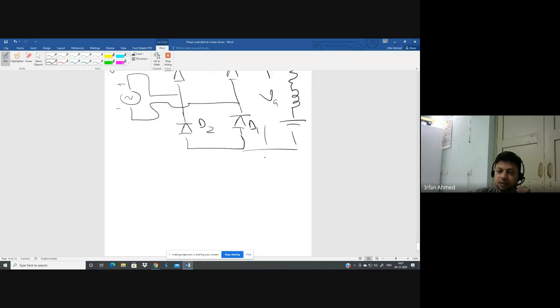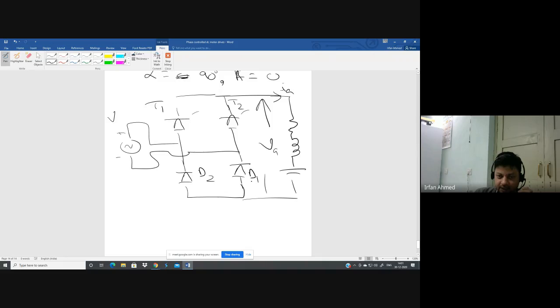So when T1 and D1 are conducting, current is flowing from the supply, correct? Supply current is positive and same as the output current. Whereas when T2 and D2 are conducting, current is again flowing from the supply, but it is negative of the output current.